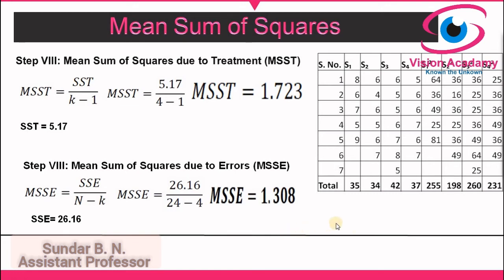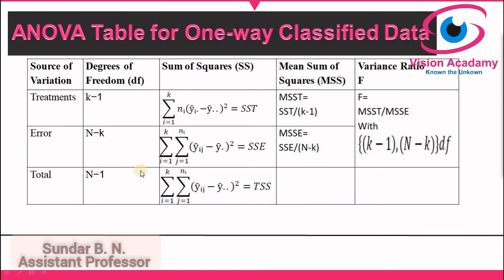So in this way we calculated all the steps except the F ratio. Let's calculate the F ratio in the table only. Let us see the table again to refresh your mind. This is the table, so we have to consider treatment here, and we have to consider error. We have 2 treatment columns, SST and MSST, and 2 error rows, that is SSE and MSSE.